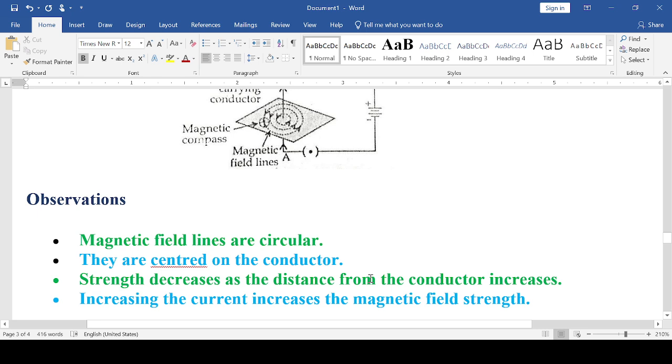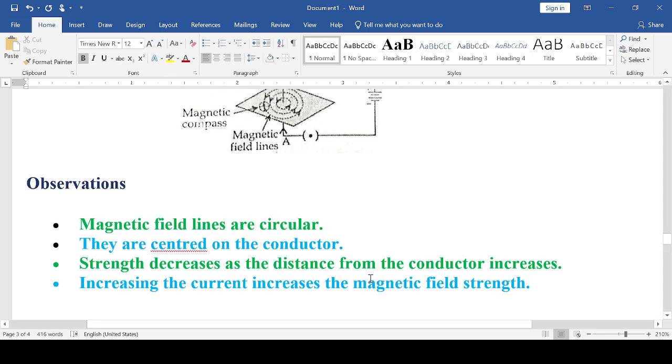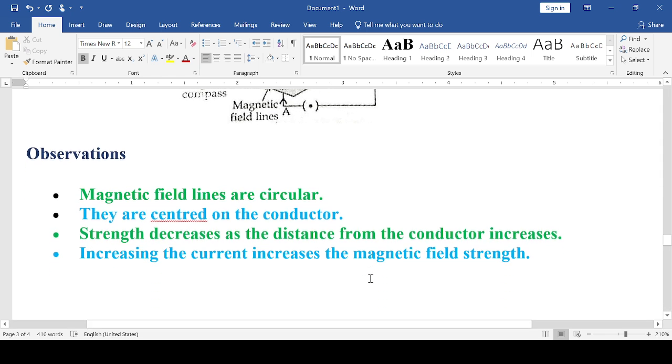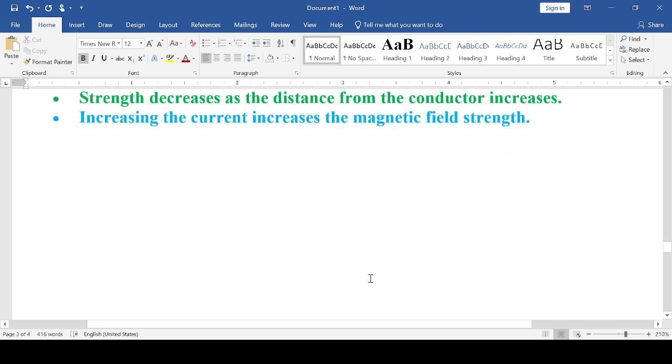Magnetic field lines are circular and centered on the conductor. Strength decreases as the distance from the conductor increases. The circle close to the conductor will have more strength, and the circle far from the conductor will have less strength. Increasing the current will increase the magnetic field.